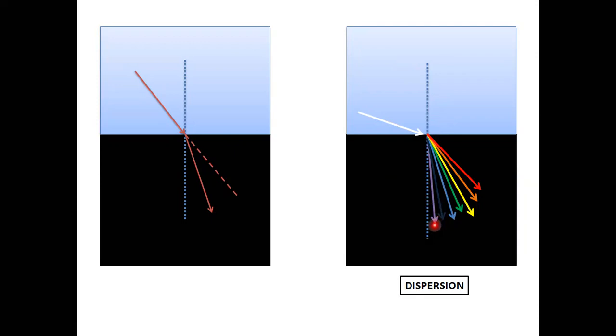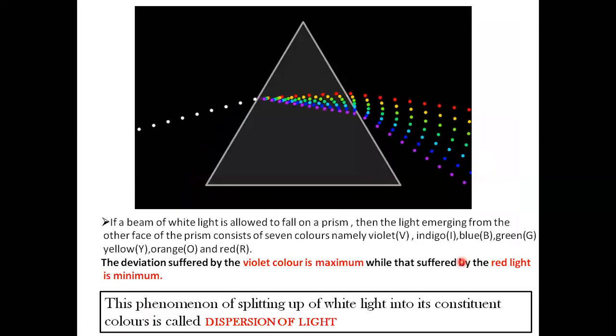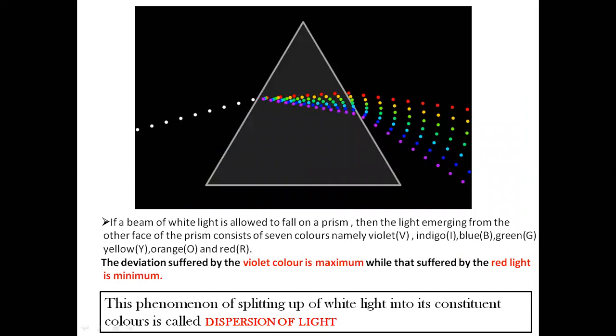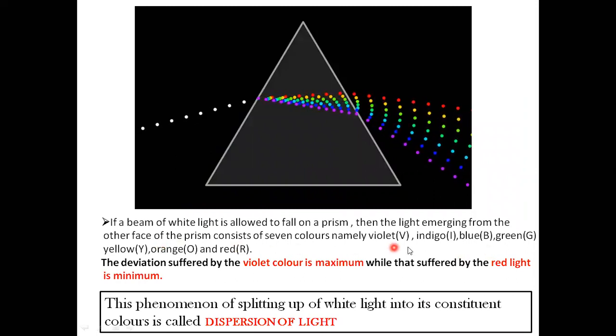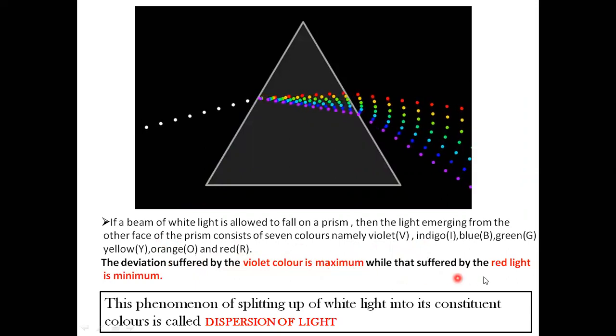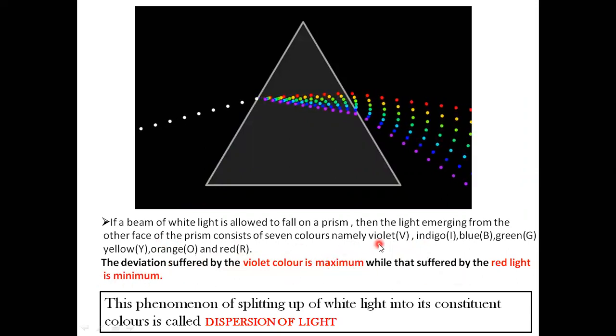Violet is deviated the most, and red is deviated the least. You can pause this video and take a note of all this. The deviation suffered by the violet color is maximum and by the red color is minimum.